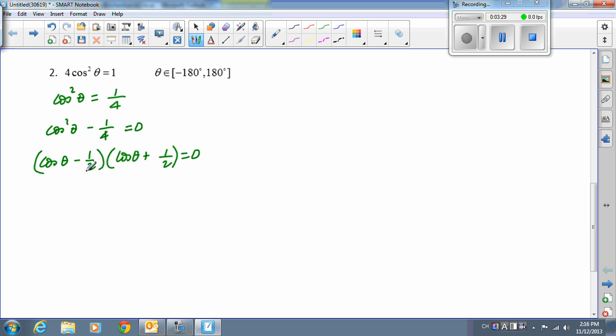Now that I have those two factors, I will split them in 2. On one side, I will say cosine theta minus 1/2 equals 0, or cosine of theta plus 1/2 is equal to 0. I will solve them separately. The left side gives me cosine theta is equal to 1/2. Compared to this one, that will give me cosine theta is equal to negative 1/2.